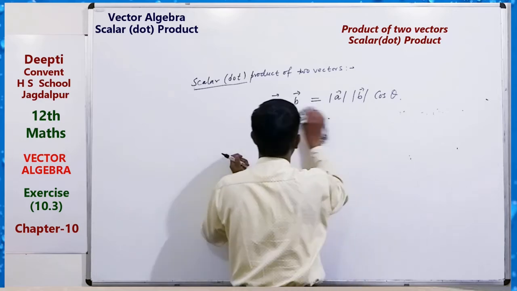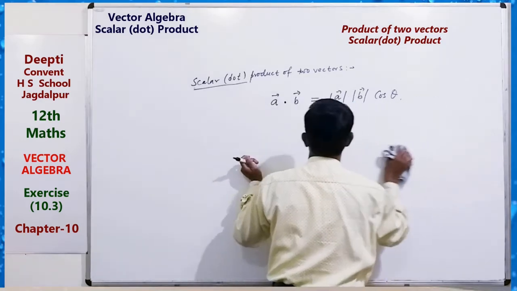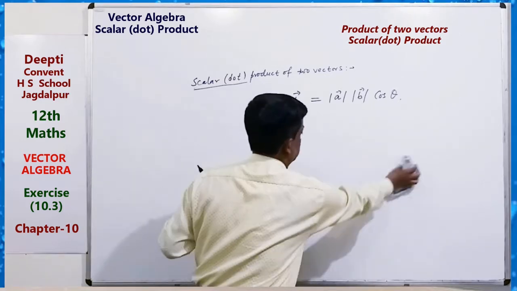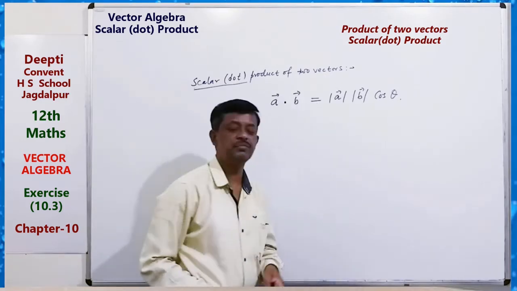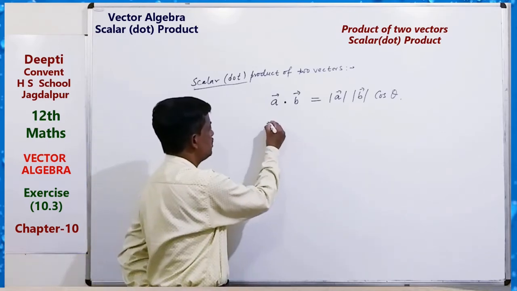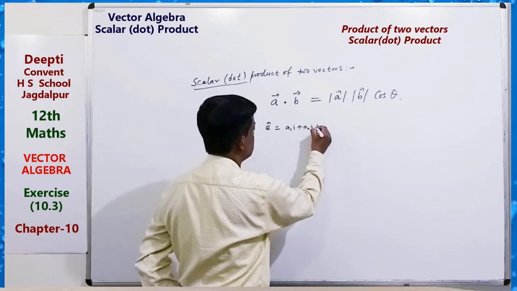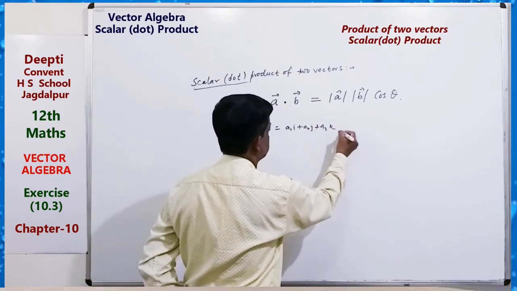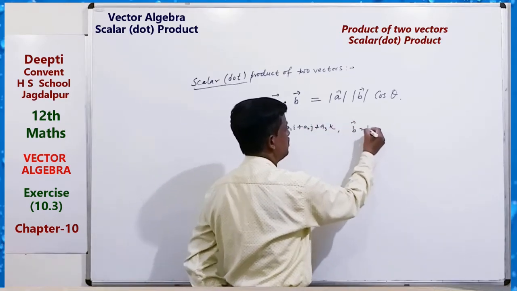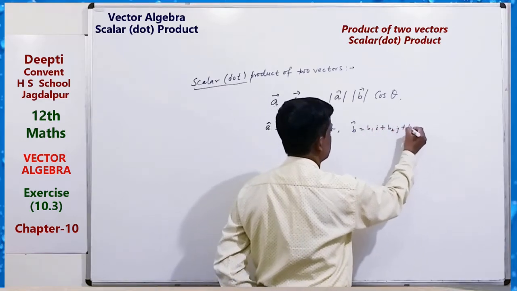Then we can find the value of A dot B. These are very, very important concepts; you just have to remember them. So suppose we have a vector A1 I plus A2 J plus A3 K, and the second vector is B1 I plus B2 J plus B3 K.